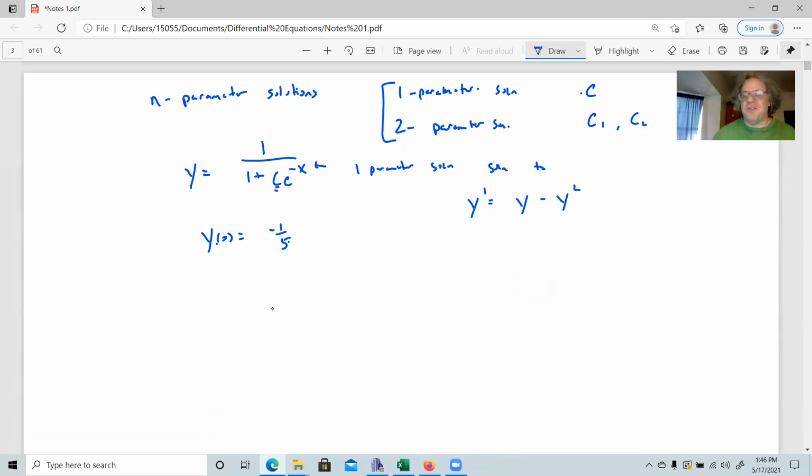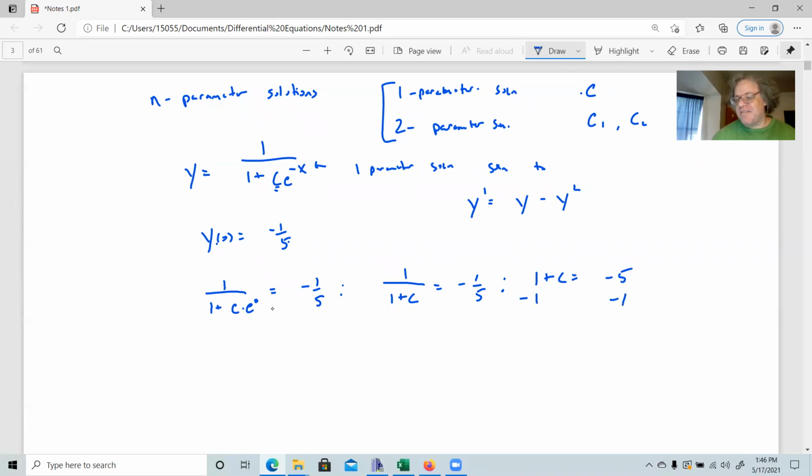So all we have to do is plug in 0 for x, right? We're just going to say, well, this is 1 over 1 plus c times e to the 0. You know that that's 1, so we have 1 over 1 plus c is equal to negative 1/5. All I'm going to do is invoke the reciprocal rule. So we have 1 plus c is equal to negative 5.